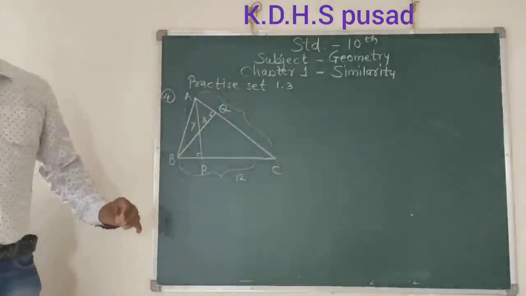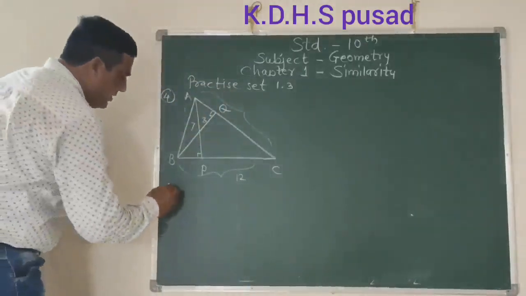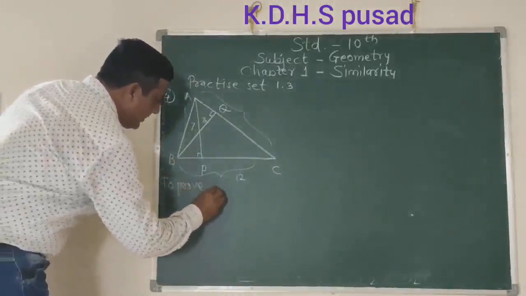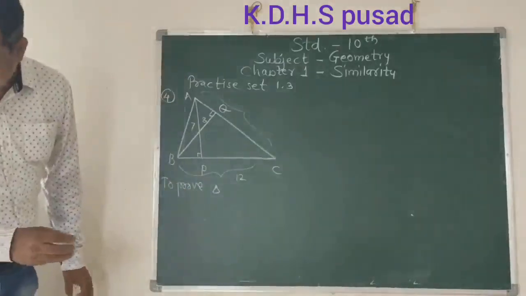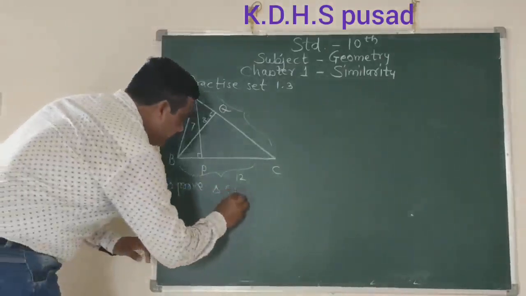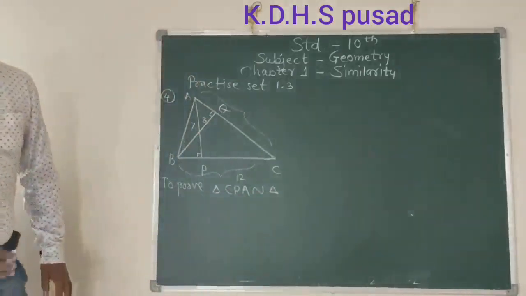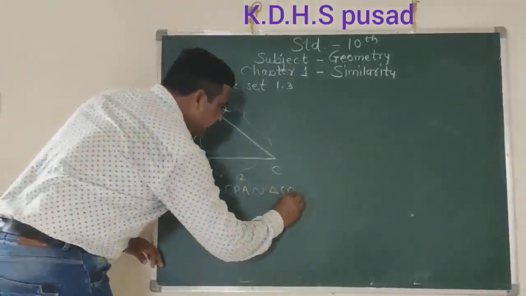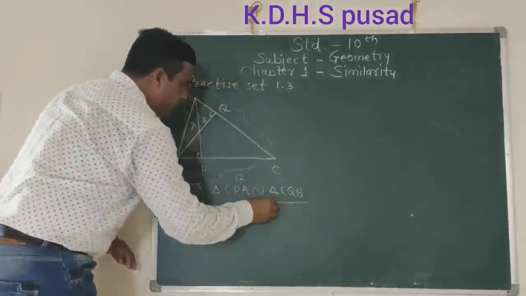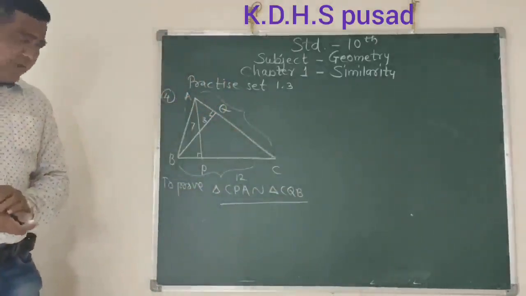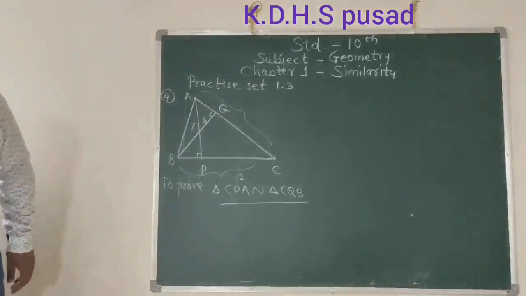And the question is, first of all, prove that triangle CPA is similar to triangle CQB. That you have to prove first, and then you have to find out the value of AC. Okay, now let's study how we can prove this.